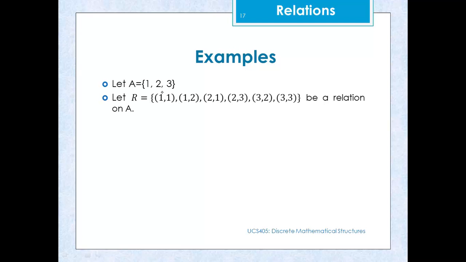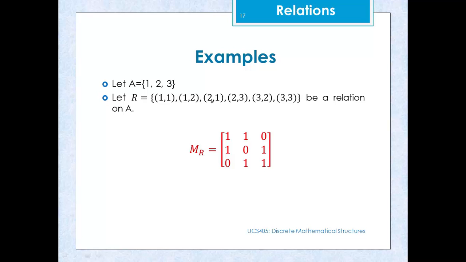So, let us say that we are having a set A equal to {1, 2, 3} and there is a relation R defined on this set A. How can we represent that in matrix form? We can represent this as MR, where we are having (1, 1), so the first entry is 1. We are having the ordered pair (1, 2), so the second entry here is 1.